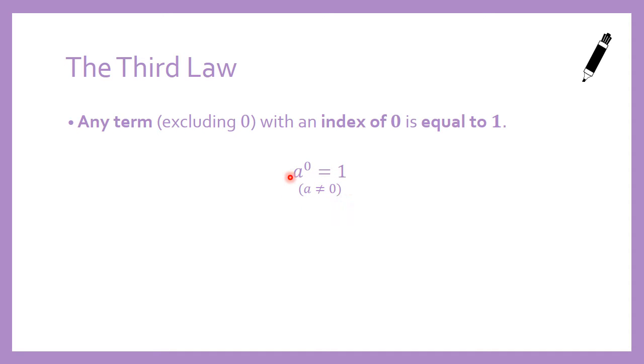Well, you can find stuff online that says 0 to the power of 0 is 1. That's the agreed idea, but special stuff happens when we raise 0 to the power of 0, so we just don't do it. So any term except for 0 raised to the power of 0 is 1.